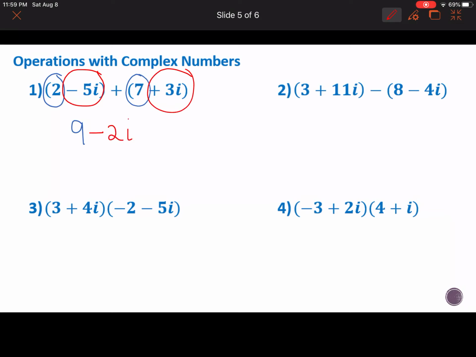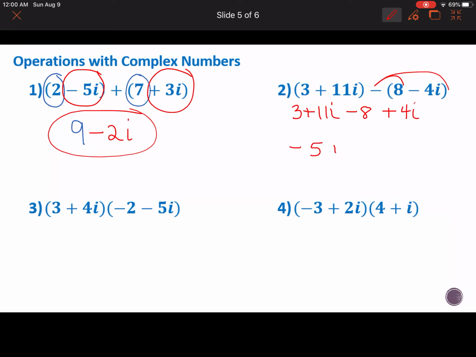And that is it. For number 2, because it is subtraction, we will have to distribute that negative. Okay, so it becomes that, because we're distributing our negative. We combine our like terms. We have a negative 5, and we have 15i.